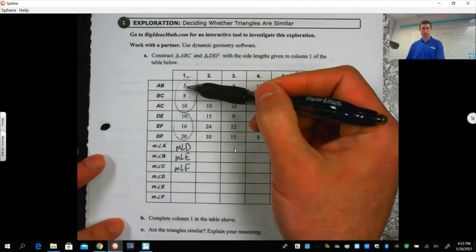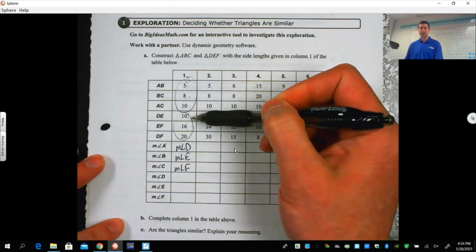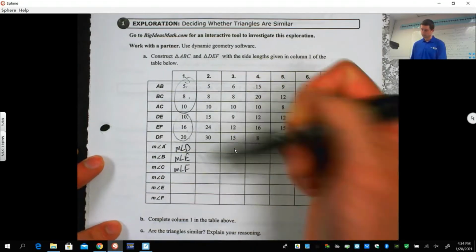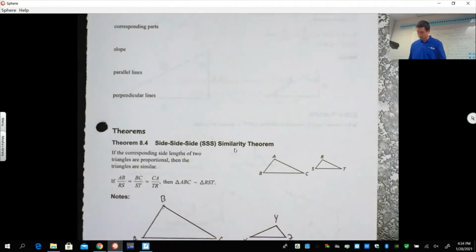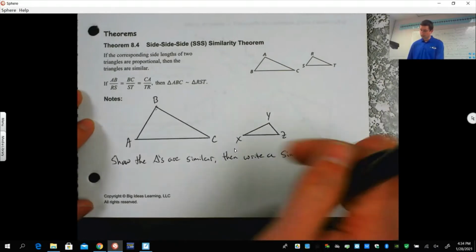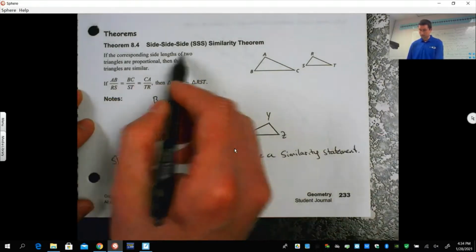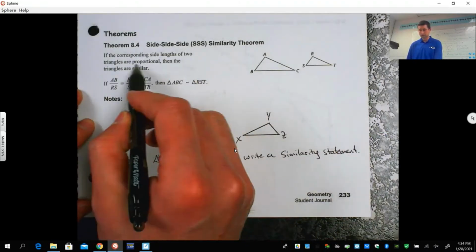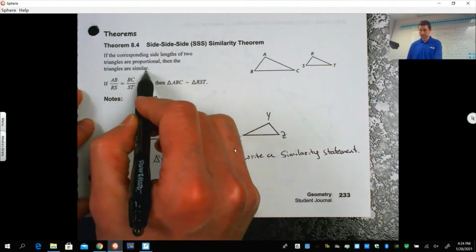If you have three sets of proportional sides, then all the angles will be congruent. So that takes us to our first theorem, the side, side, side similarity theorem. If the corresponding side lengths of two triangles are proportional, then the triangles are similar.